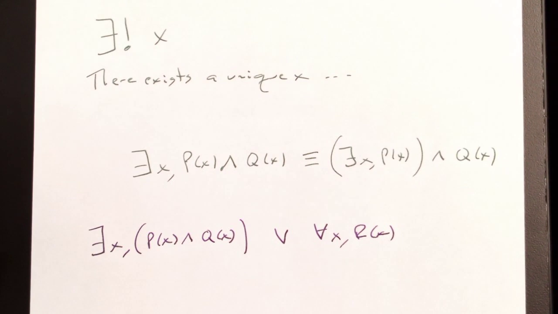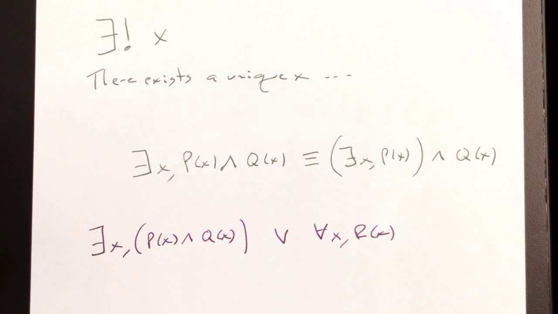I don't know what these letters mean. I don't know what the propositional functions are. But let me see if I can translate what this says. There exists an x so that p of x and q of x. Right? And that's in parentheses. So both of those things should be true for that part to work.